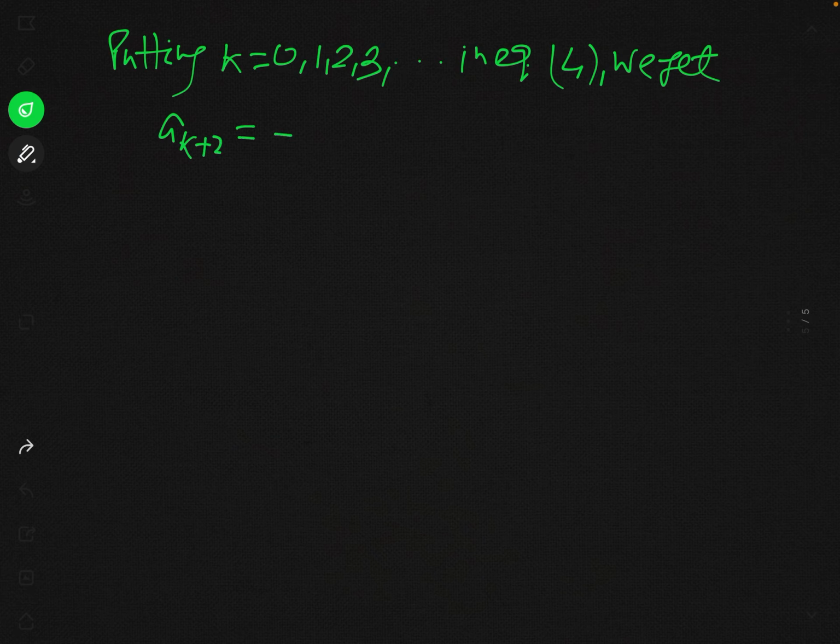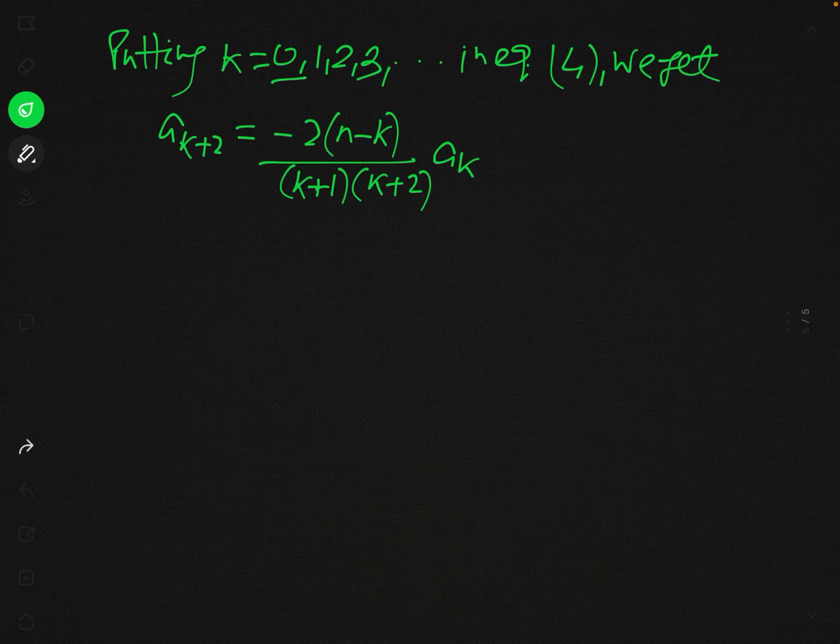This is minus 2 times of n minus k over k plus 1 times k plus 2 times ak. Now in this equation we will first of all put k equal to 0.